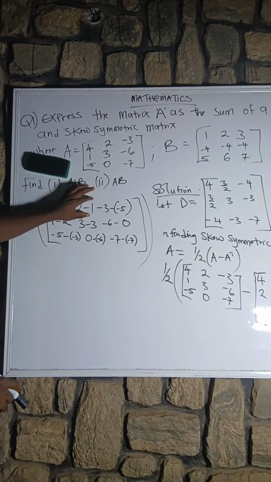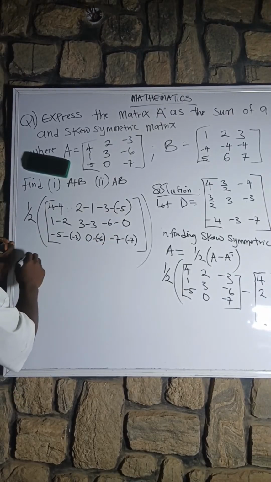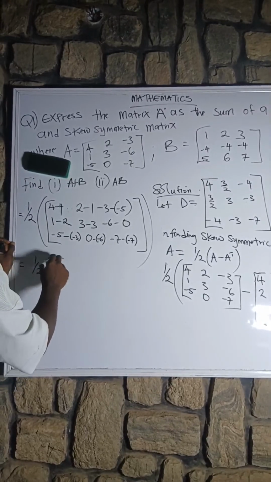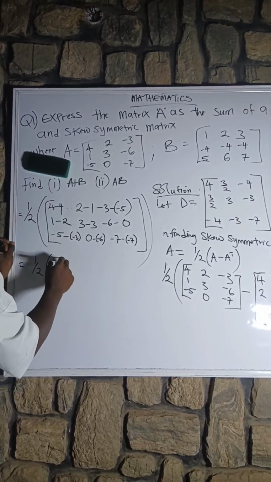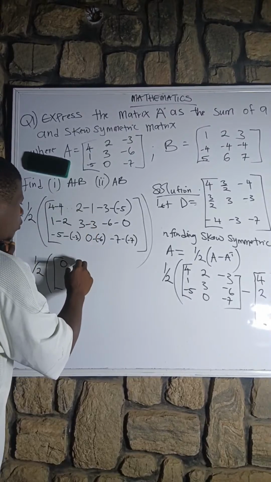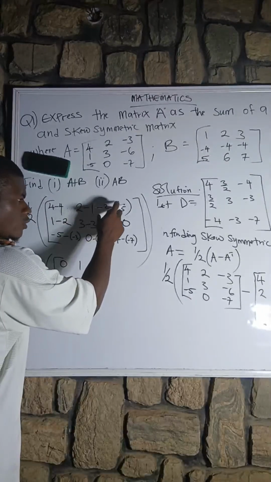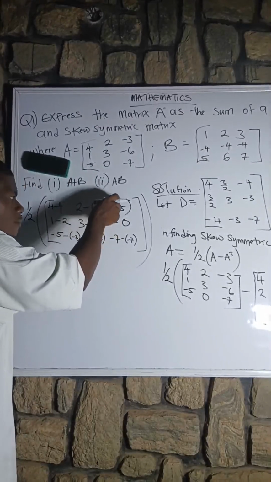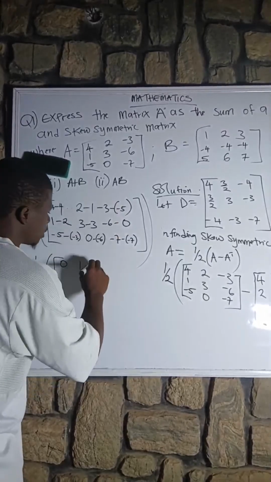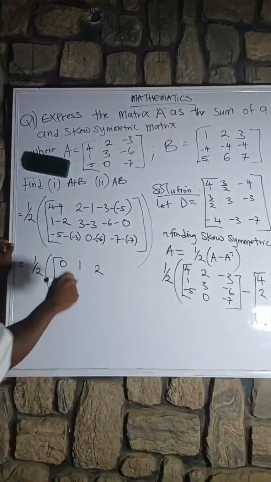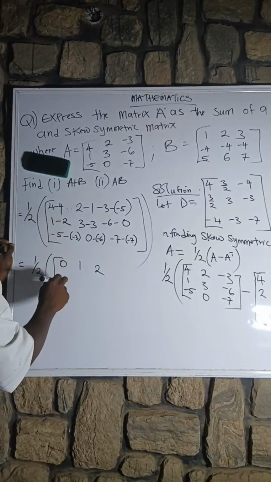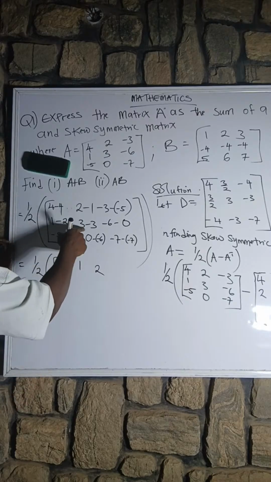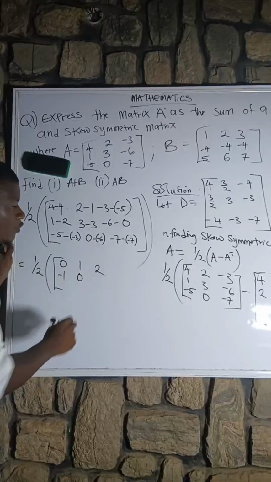Now the next thing we are going to be doing here is finding the final answers of each of these. So this is going to be equal to 1 all over 2, open bracket, the matrix 4 minus 4 will give us 0, 2 minus 1 will give us 1, minus 3 minus 5, this is going to give us a plus. So minus 3 plus 5 is going to give us a plus 2. Then 1 minus 2 is going to give us a minus 1. Then 3 minus 3 is going to give us 0.